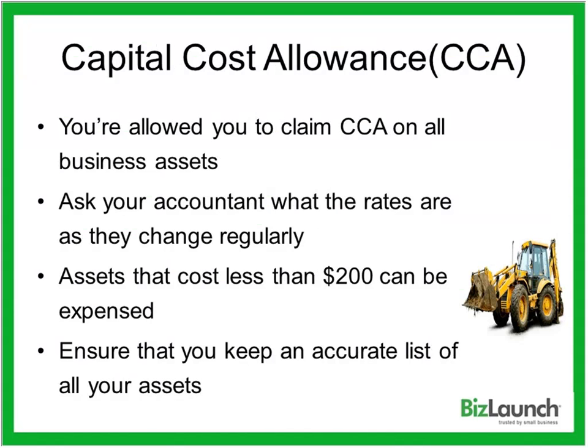Okay? All right. Then we have a thing called capital cost allowance. So if you buy any assets for your business, let's say I buy a printing machine, and it costs me $100,000, okay? And I pay cash for it. I don't know, I've got too much money in the bank, in my business bank account, I'll pay cash for it, $100,000. That $100,000 is not an expense.